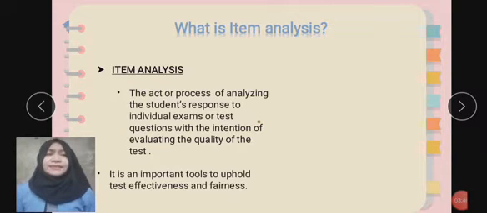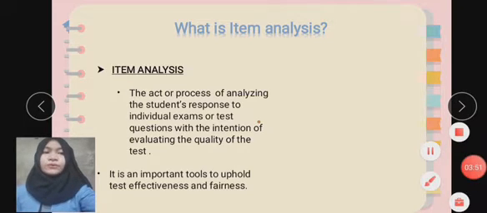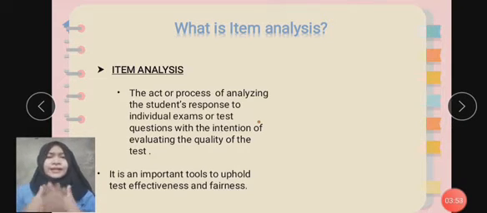By analyzing, we examine the test if it is too hard, too difficult for them, or too easy for them. So in short, item analysis is to assess the quality of the test.